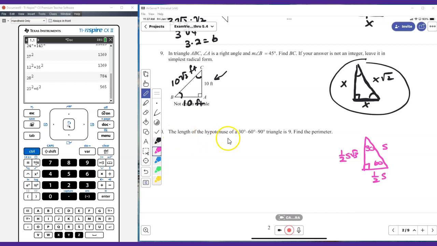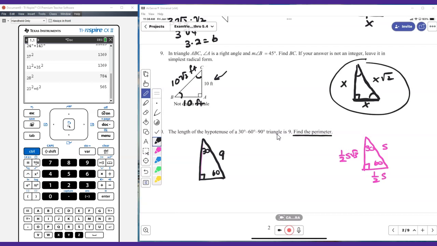The length of a hypotenuse of a 30, 60, 90 triangle is 9. So I'm going to draw the triangle. This is 30, this is 60, this is 90, this is 9. Now it says to find the perimeter.